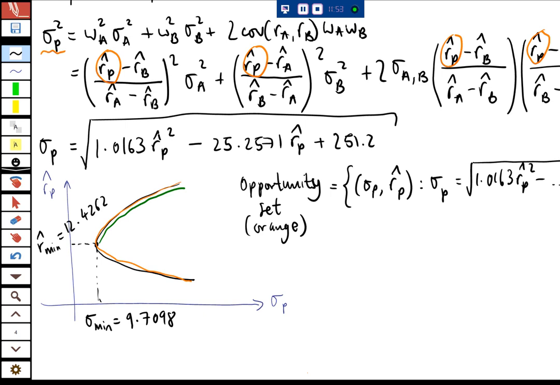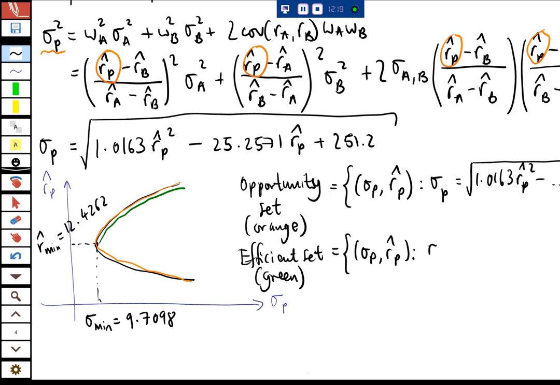Okay, so that's the orange graph. And the efficiency set, which is in green. Similarly, we have all the points such that, well, we only want the green part, so how can we describe that?